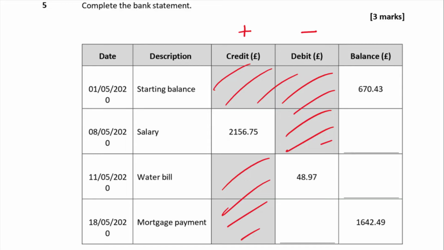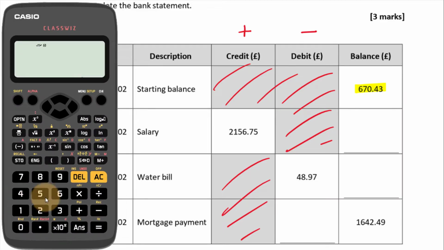balance. Okay, so if the starting balance was 670.43 and I have my salary going in, which is a credit, that's an addition to my bank balance, isn't it? So that is going to be added on to the balance for the new balance. So my new balance is going to be the old balance plus the credit of 2,156.75.